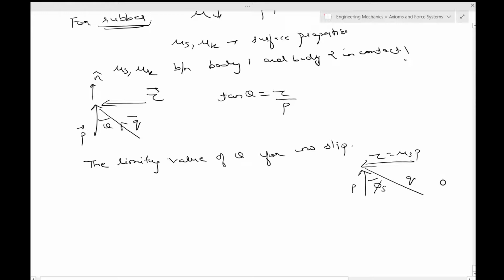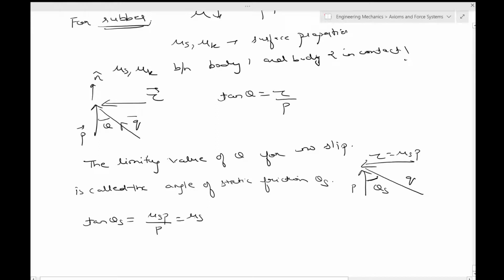is called, let me not use phi, let me use theta s. The limit of no slip is called the angle of static friction, theta s. So tan of theta s is equal to mu s p by p, equal to mu s, and tau by p will be smaller than or equal to mu s.